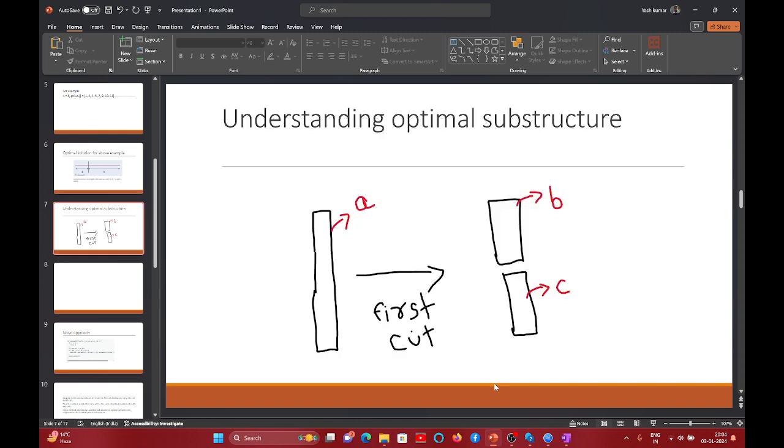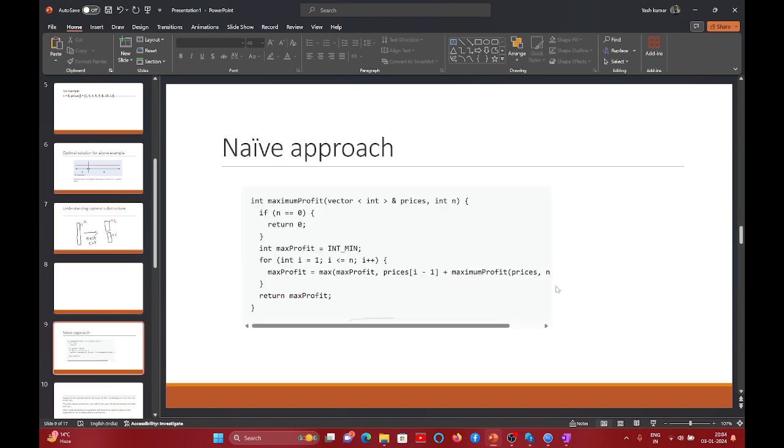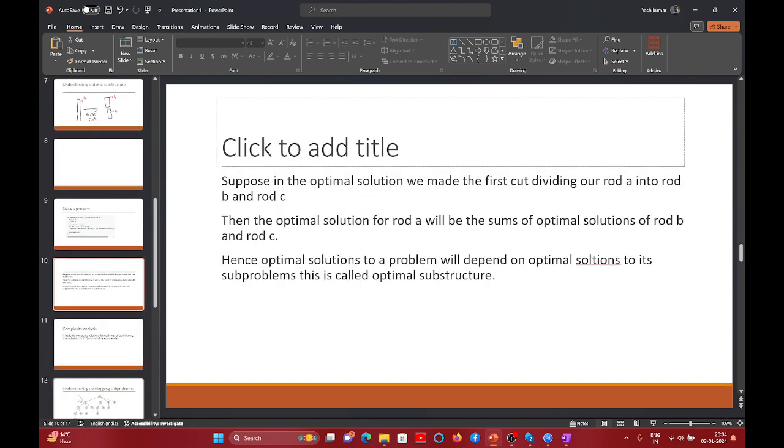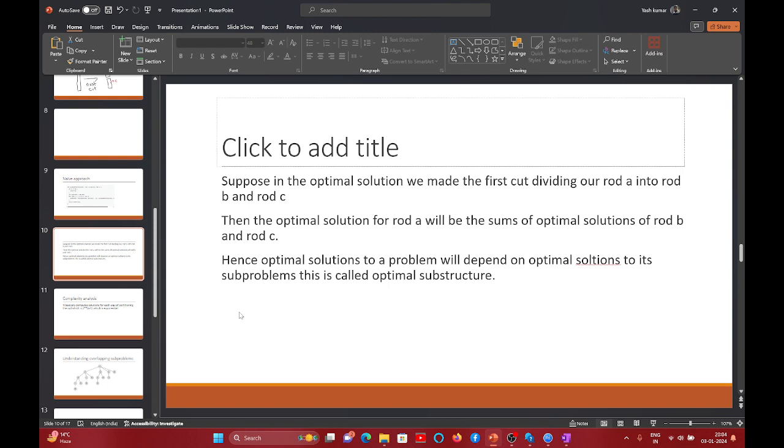Suppose we have a rod, and we have decided our first move: if we have a rod of length A, then we will cut it into two pieces of length B and length C. The optimal substructure property says that after we have made our first move, the resulting rods, in this case rod B and rod C, should also be cut optimally.